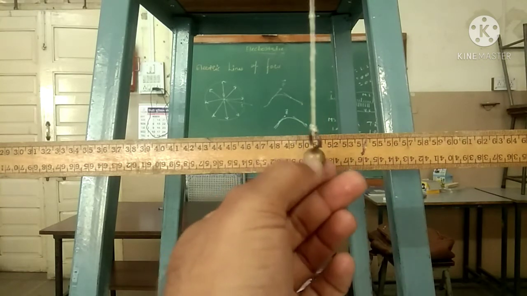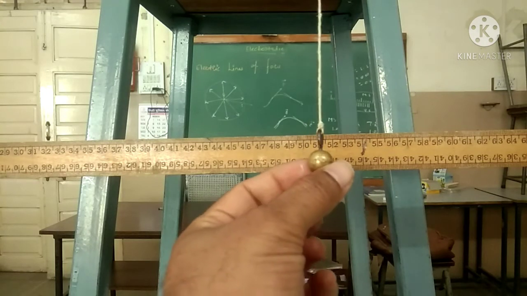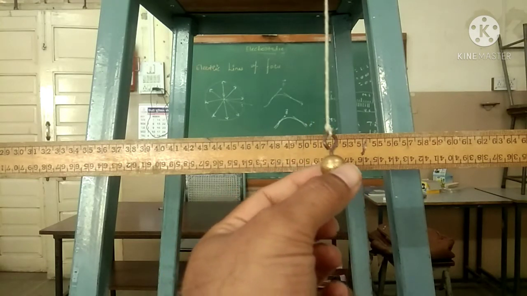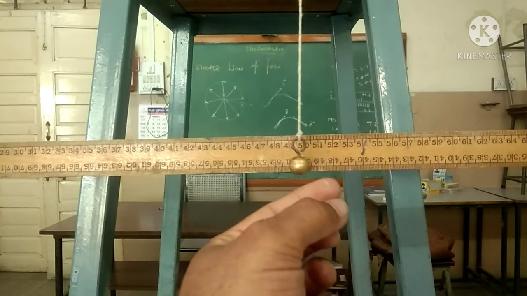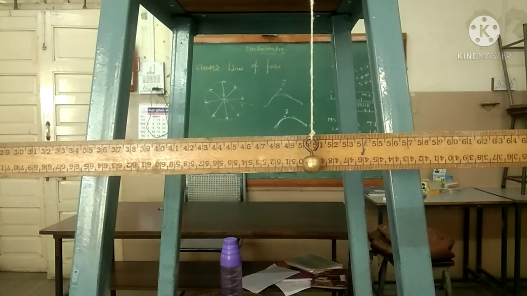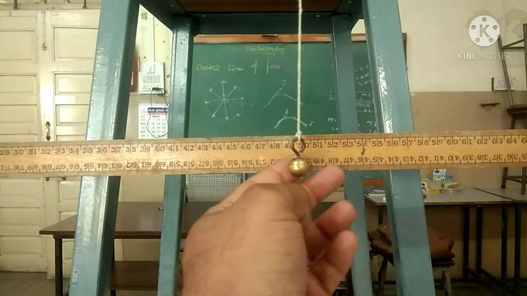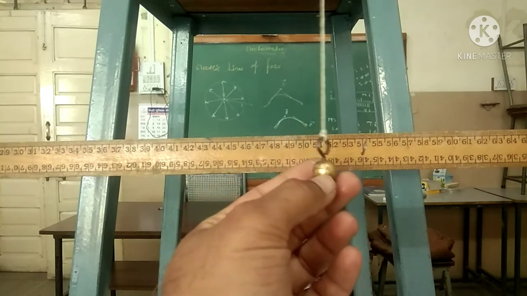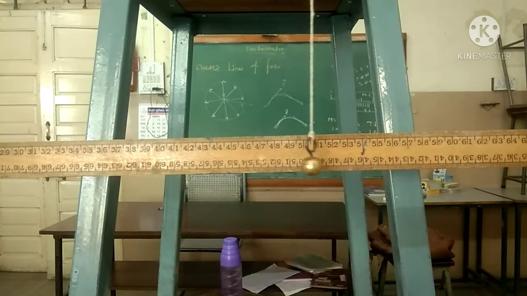We want to measure the radius of this metallic sphere using the vernier caliper. You already know how to use the vernier caliper, because you learned it in 11th standard. So using that vernier caliper we want to measure the radius of this metallic sphere, right?